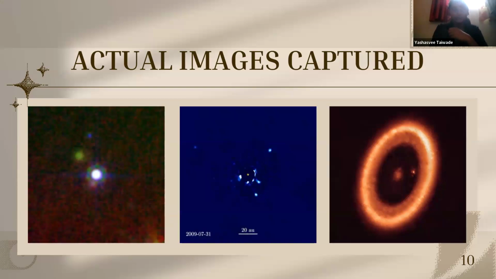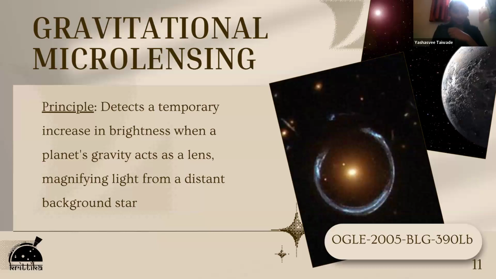Moving ahead, then you have gravitational microlensing. I think people might know what gravitational microlensing is. It detects a temporary increase in brightness when a planet's gravity acts as a lens, basically magnifying the light from a distant background star.